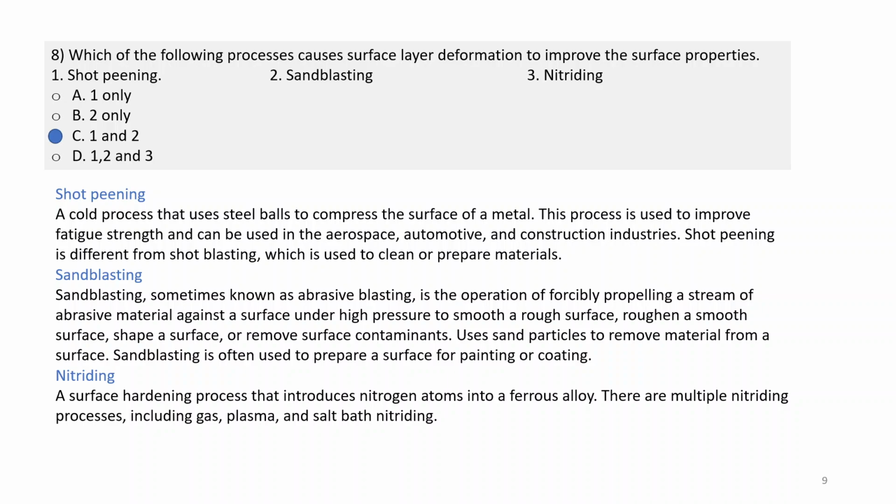It uses sand particles to remove material from a surface. Sandblasting is often used to prepare a surface for painting or coating. Nitriding is a surface hardening process which introduces nitrogen atoms into a ferrous alloy, and there are multiple nitriding processes which include gas, plasma and salt bath nitriding.